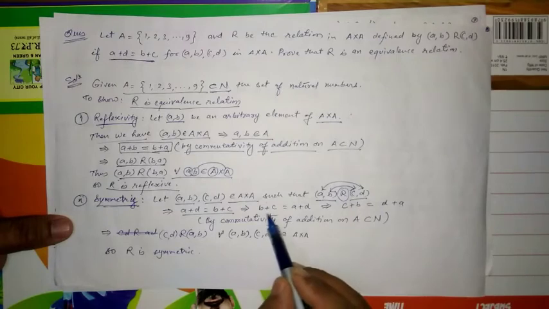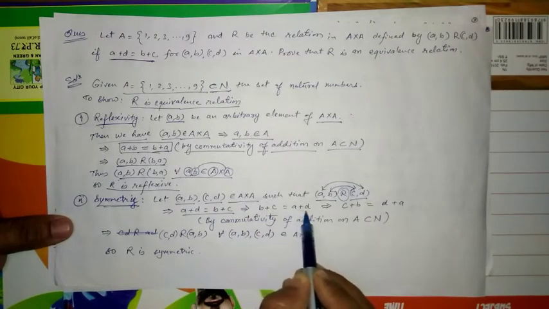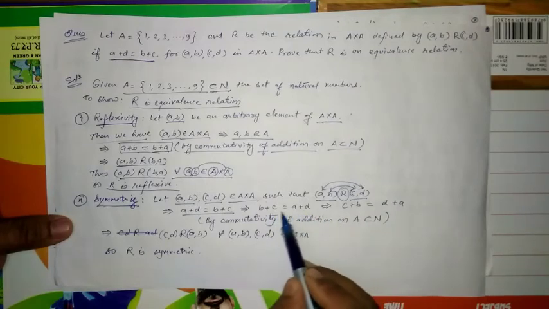So later on we can arrange it, B plus C we can write equal to A plus D, and after that we can also change its order.